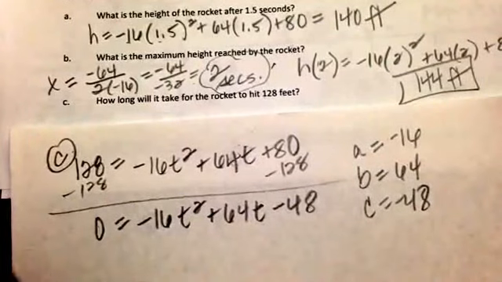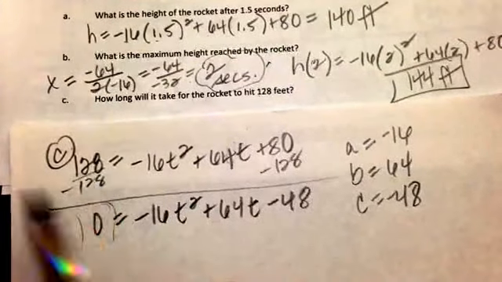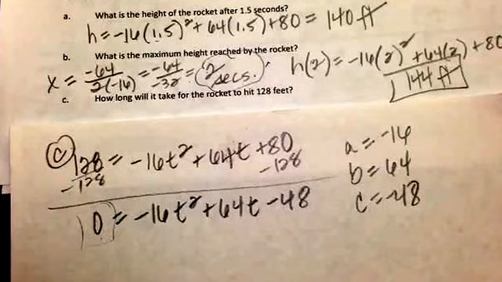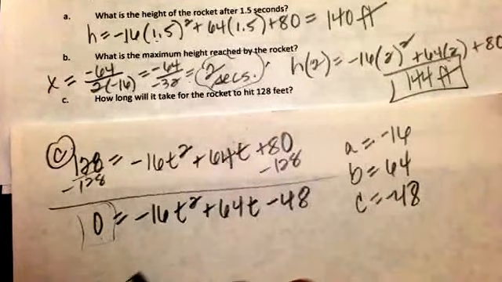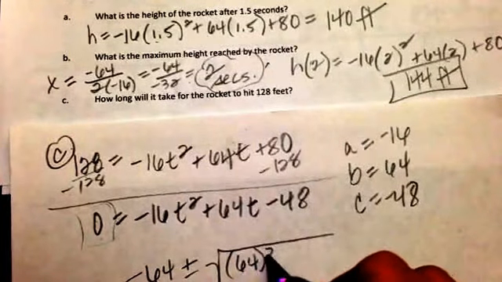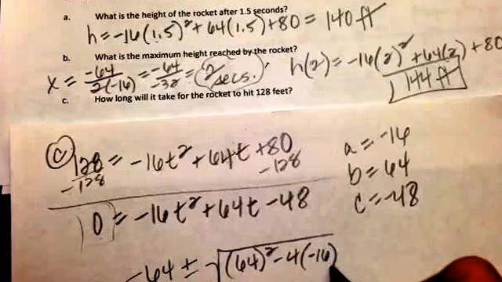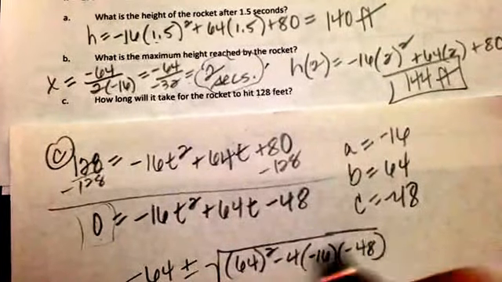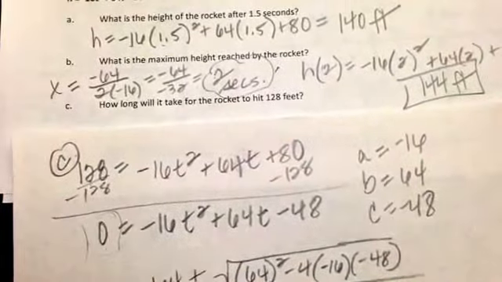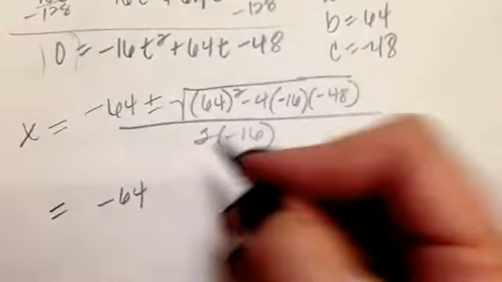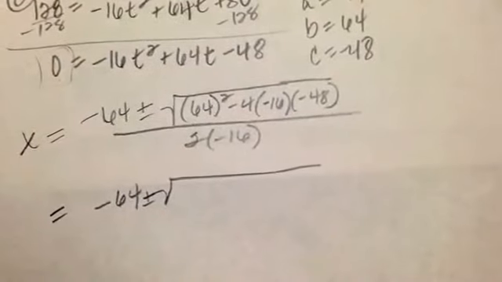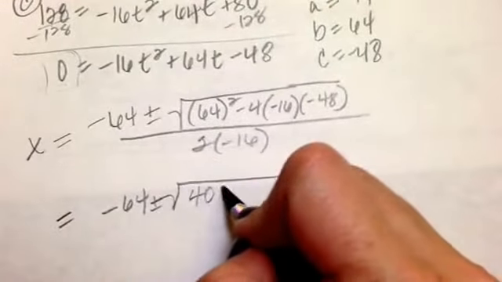So my solutions here, which actually has to do with 128, I set them equal to 0 to work this. Negative b plus or minus radical b squared minus 4 times a times c all over 2 times a. Go through my process of simplifying. 64 squared is 4,096.